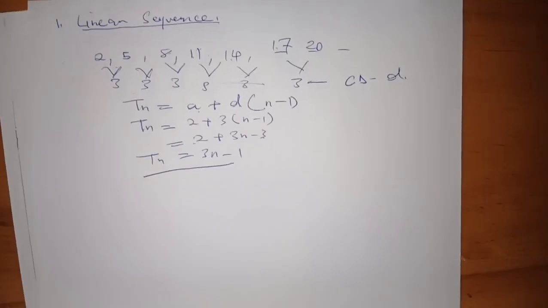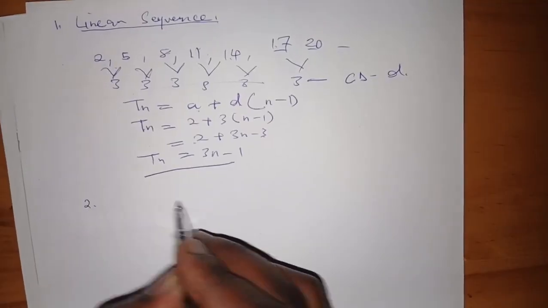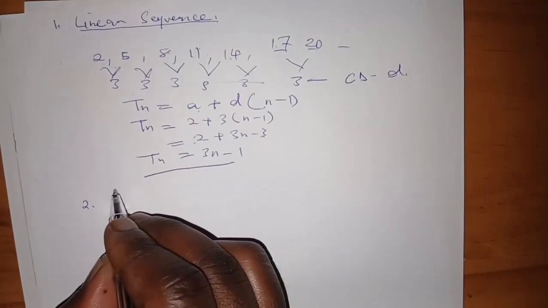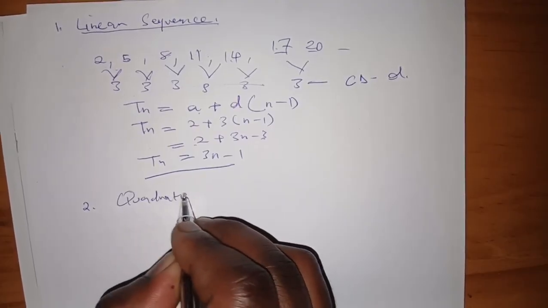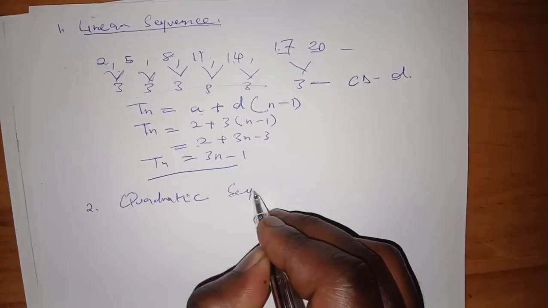Now the second type of sequence is the quadratic sequence.